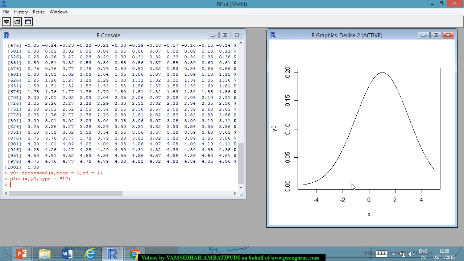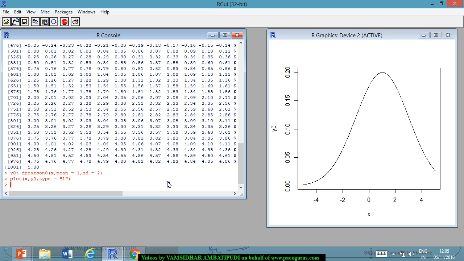Now the other way is I can generate random numbers. This is where I can use R Pearson 0. Let me call x1, wherein I'll generate 1000 random numbers. Theoretically we generated the distribution, the density function.